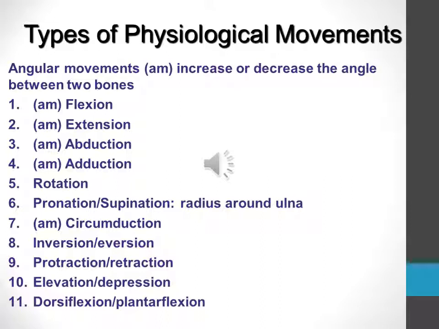Next, we have our abduction and adduction. Abduction, think of it exactly like what it means to be abducted. It's to take away. So it's movement of a limb away from the midline. If you stand up in anatomical neutral and then move your arm away from your body, a lateral raise, that's abduction, it's being abducted away from you.